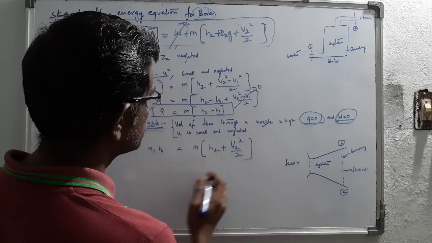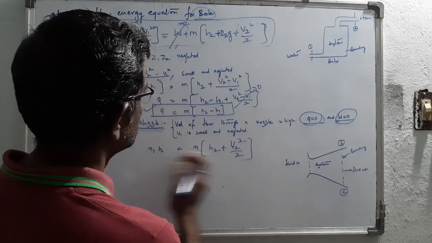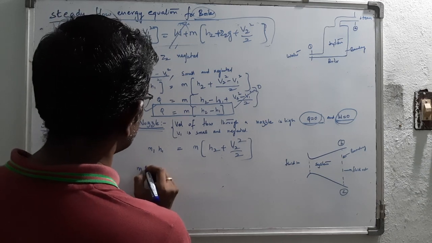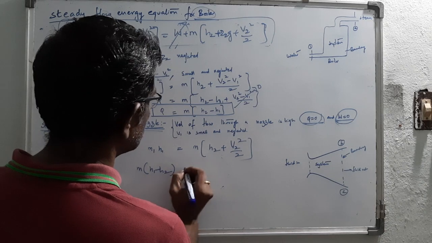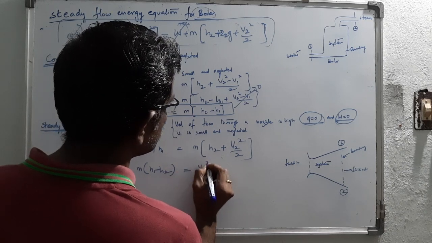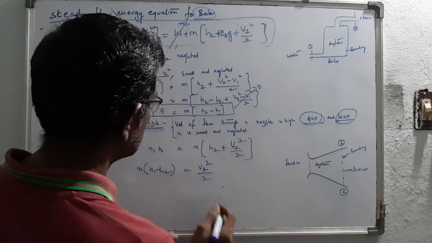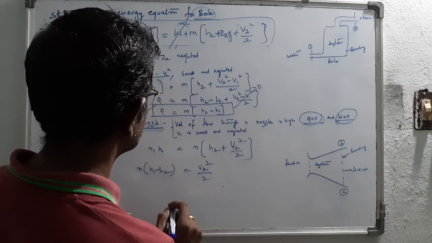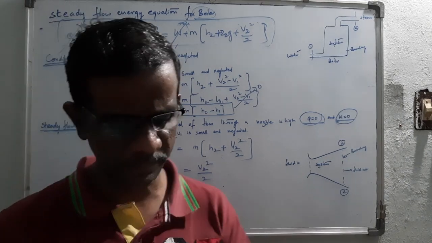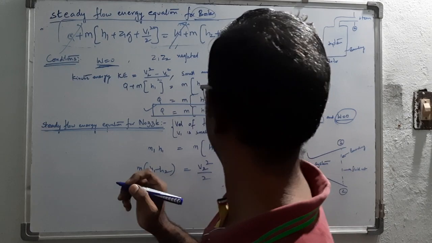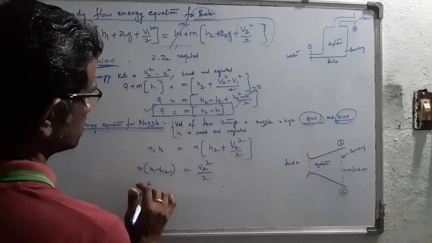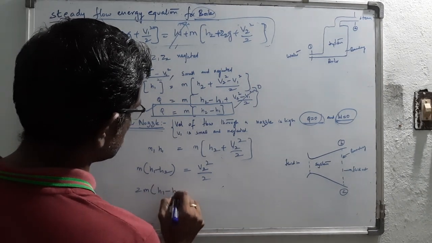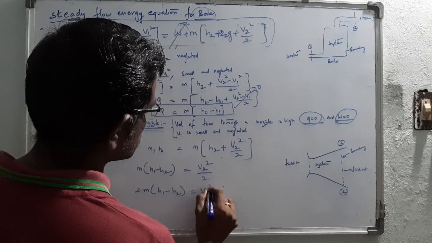Now you bring back h1 to this side. m into h1 minus h2 is equal to v2 squared by 2. Now taking 2 here, 2 times m into h1 minus h2 is equal to v2 squared.